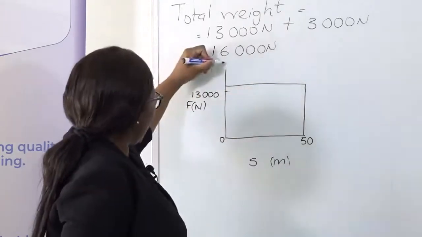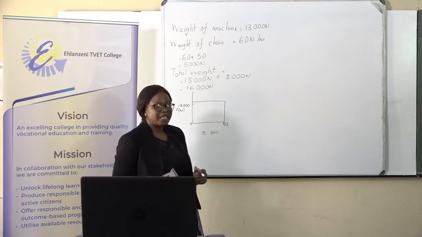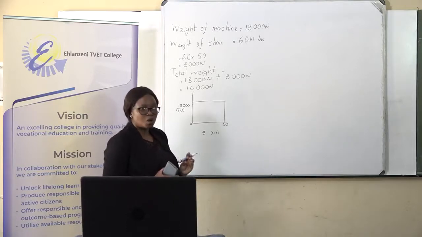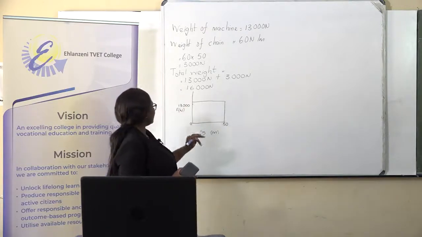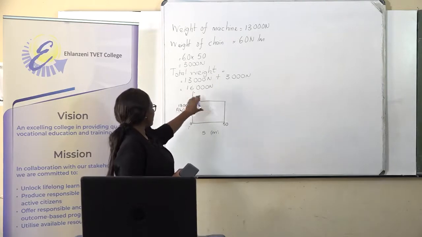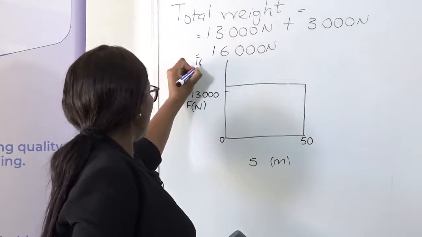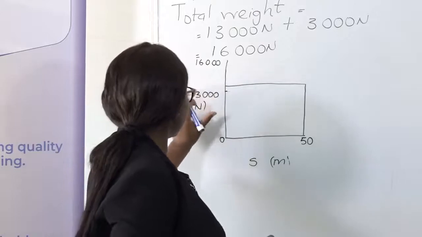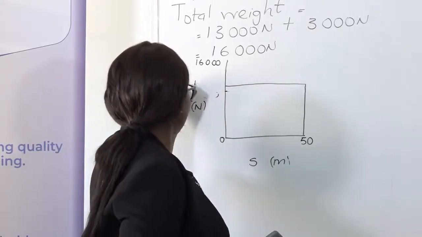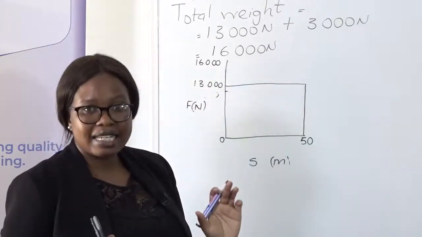Right. Then our next weight is the weight of the chain. The weight of the chain is small, so we are going to put it on top of our graph. Remember, we say that the total weight is 16,000. So we are going to put 16,000 as our total weight, so that we'll be able to indicate that from 13,000 to 16,000 the difference is 3,000.